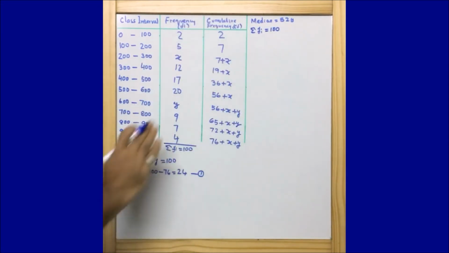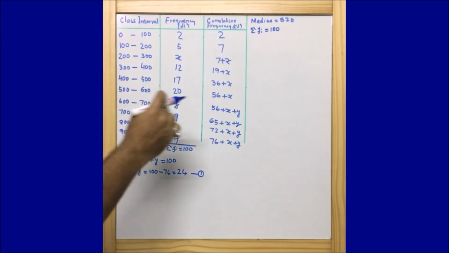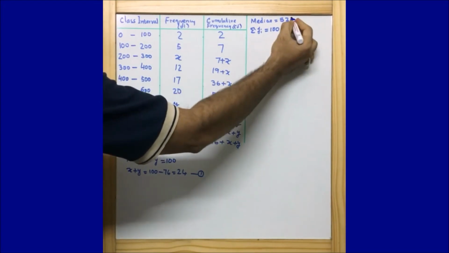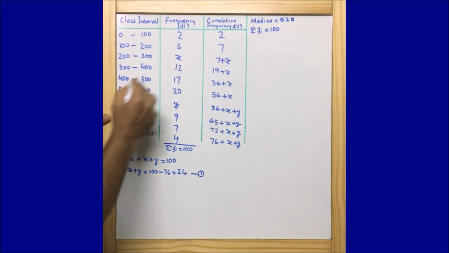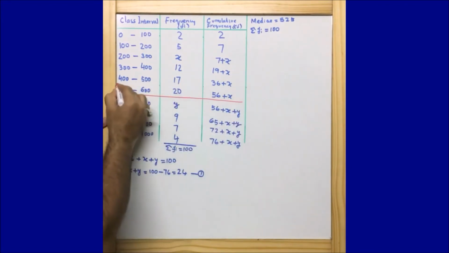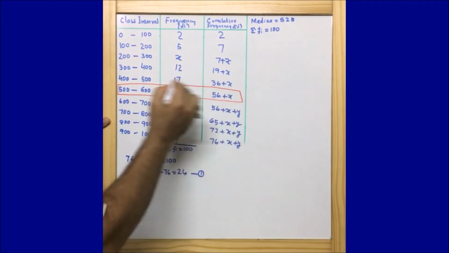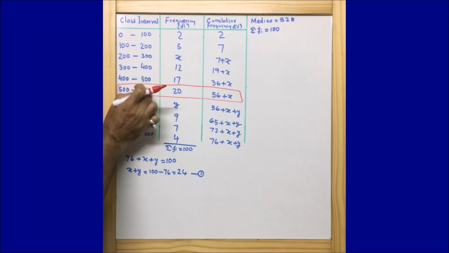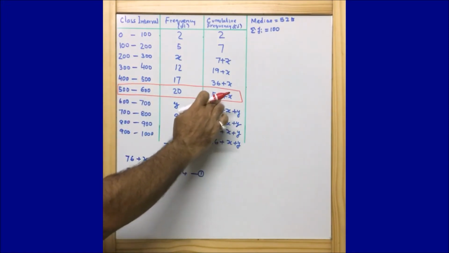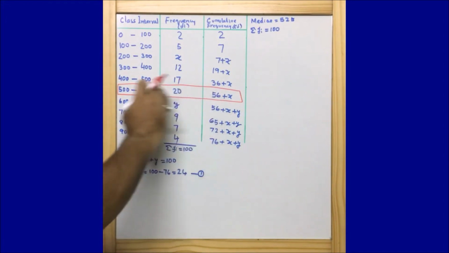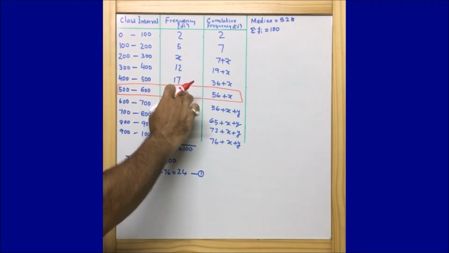Now they have made our job a little bit easy, because we can see where this 525 lies in the class intervals. Within the class range 500 to 600, our 525 will lie, because this is the median class. 56 plus x is the cumulative frequency of this median class, and the frequency of this median class is 20.